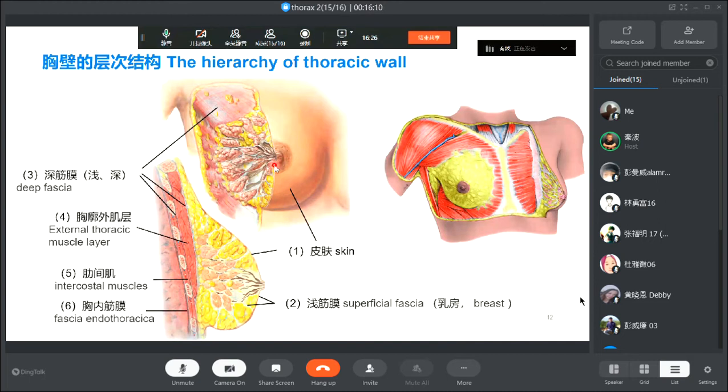The second part is the deep fascia. So where is the deep fascia?